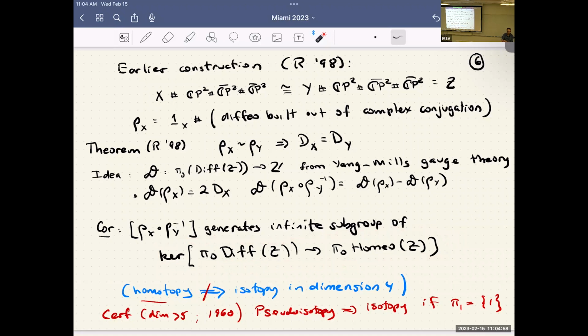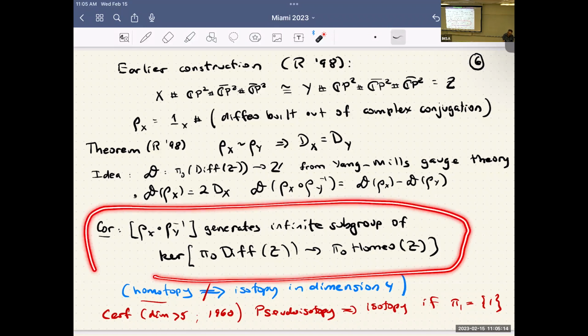So in that case the kernel is infinitely generated. So that's the source of the suspicion that this kernel ought to be infinitely generated. Or it was a natural question anyway.